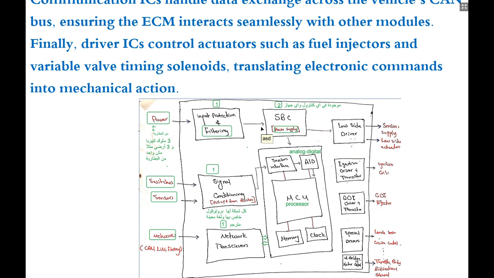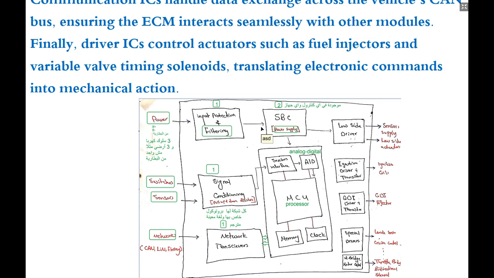And after the voltage comes from the battery, the voltage will go to the input protection to get rid of noise and make the voltage a suitable voltage, not a very high voltage, because after the engine runs we are going to have more power, more energy, more voltage, so we don't need that.